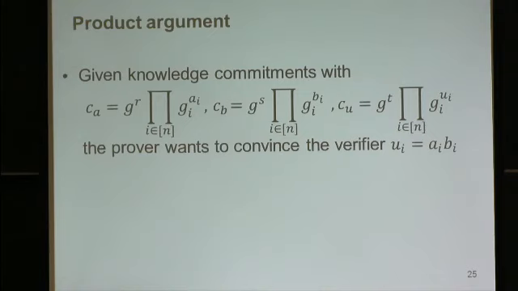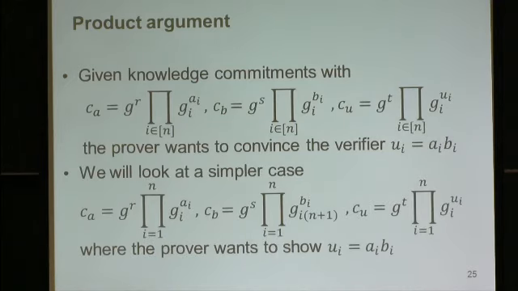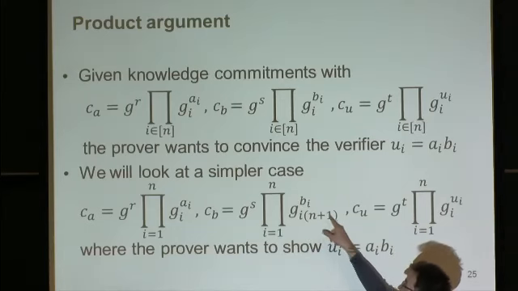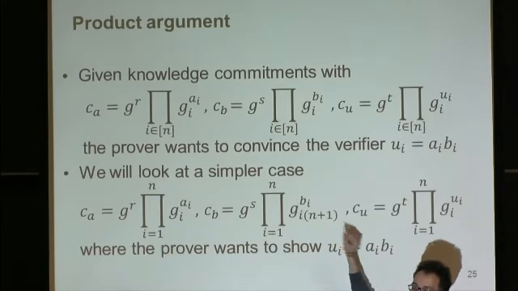Okay, so now we have 3 commitments: one to a_i values, one to b_i values, and one to u_i values. And the prover wants to convince the verifier that u_i is the same as the a_i's times the b_i's. This was what we were going to use. I'm actually going to look at a simpler case first, which is also a product argument, but where the B commitment is using multiples of n plus 1 as the indices.